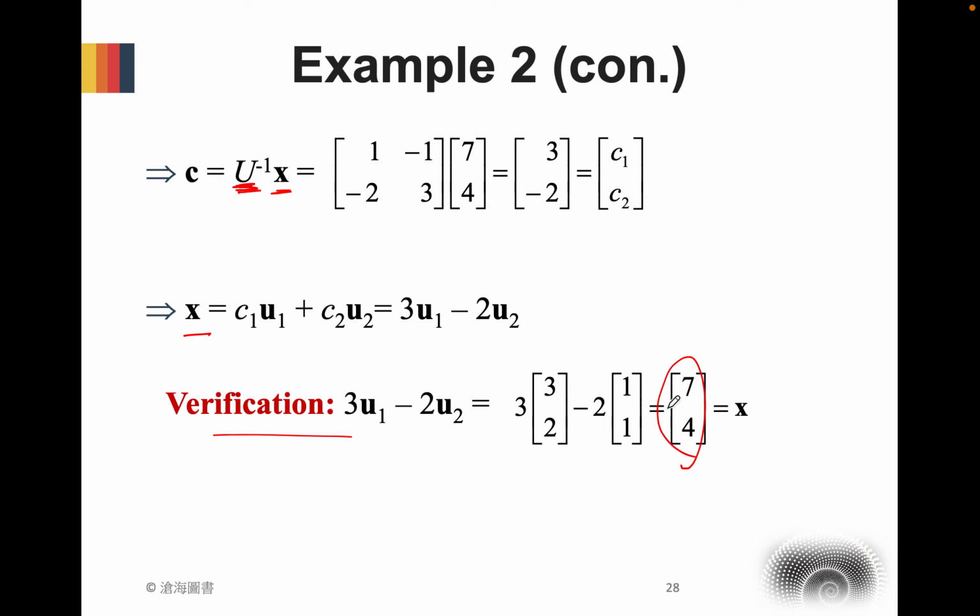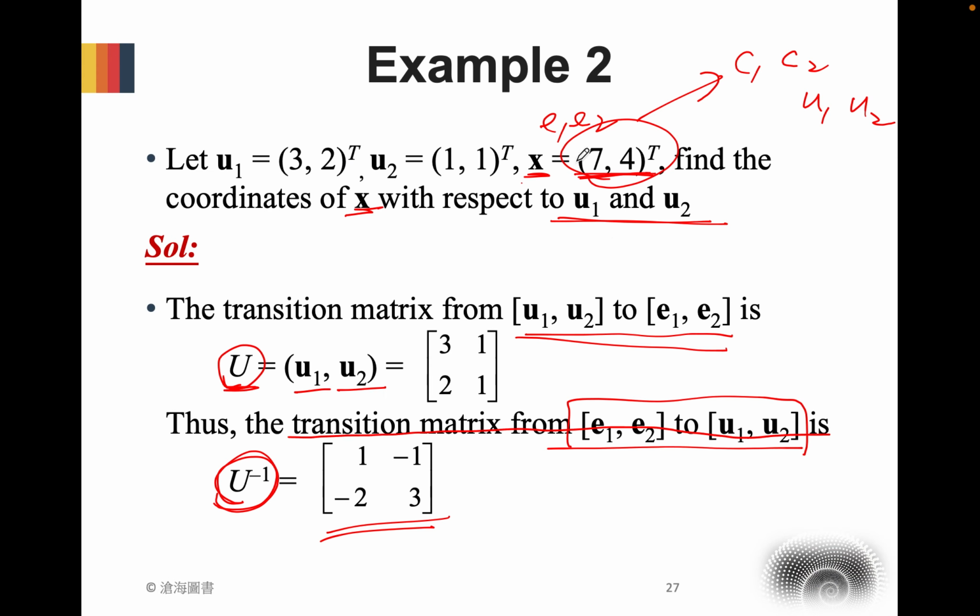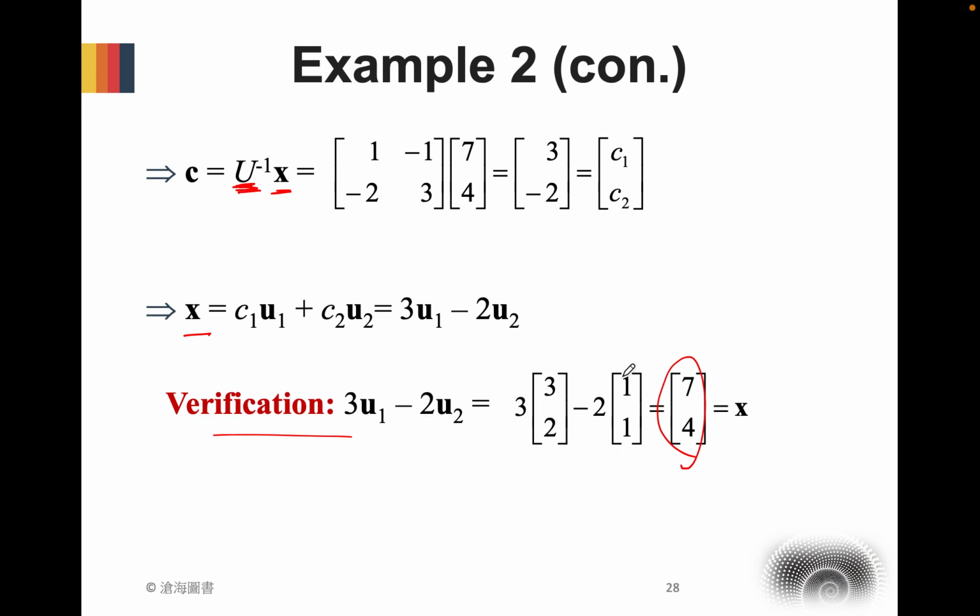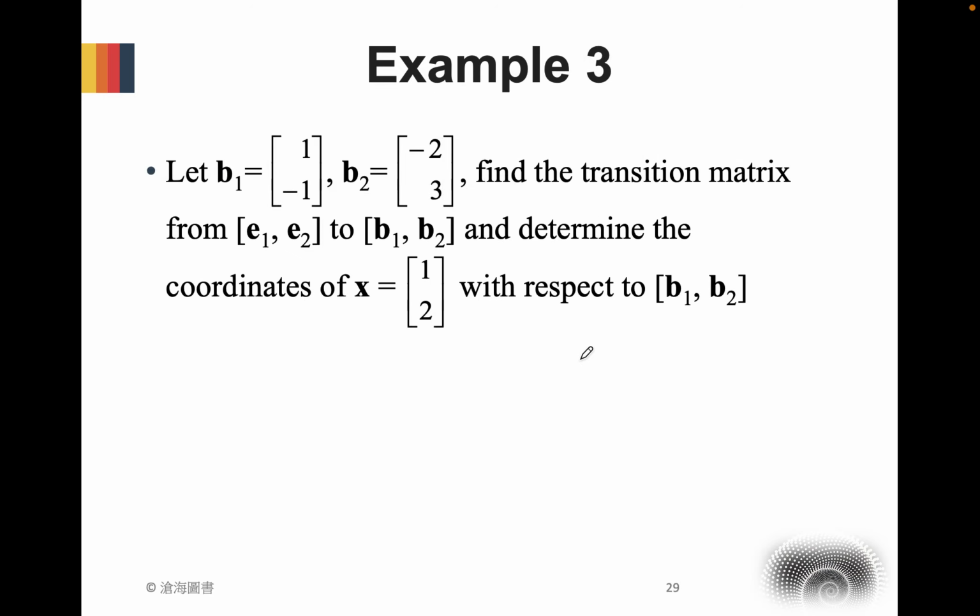So (7, 4) is the original vector with respect to the standard basis. Okay, so this is the simple step we need to do to change the basis, right?